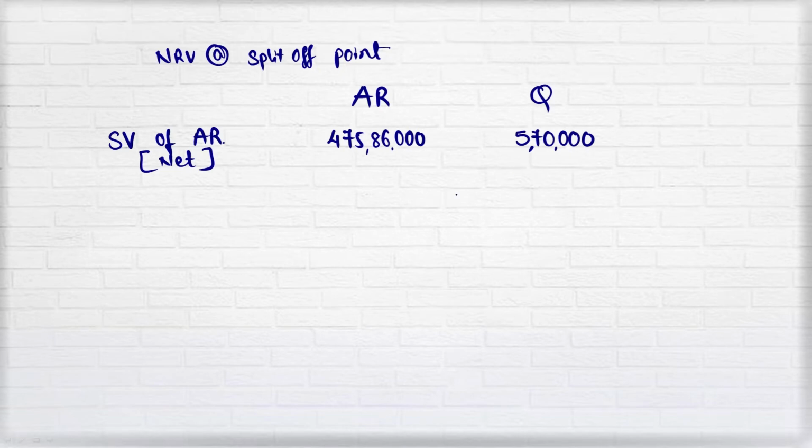Alright. Should we distribute joint cost between AR and Q or P and Q? Always P and Q, because AR is something which we are getting afterwards. At split off point, we are getting P and Q. So let me convert this AR into P. How will I do it? I will be reducing further processing cost. Here there is no further processing cost.